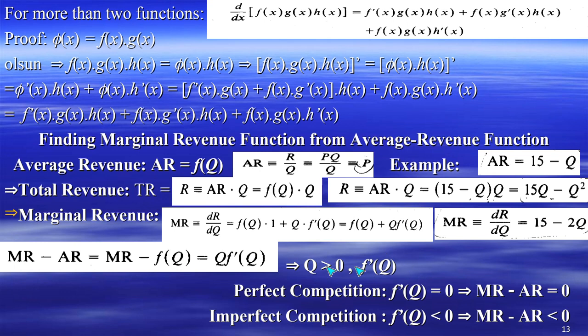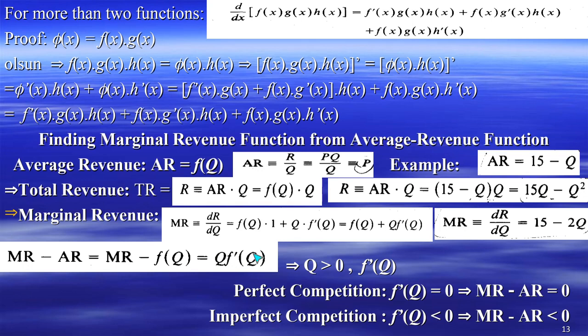But then f prime of Q can take different signs, different values. Note, if marginal revenue is less than average revenue, MR minus AR will be negative. Q is positive, so in order for this product to be negative, f prime of Q must be negative. This is the imperfect competition case.